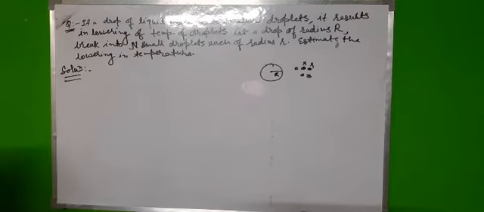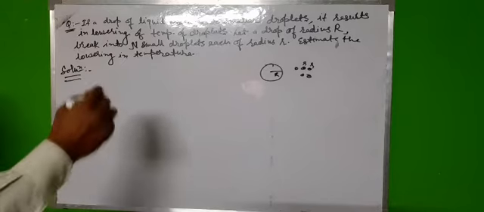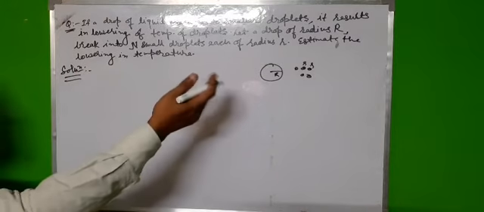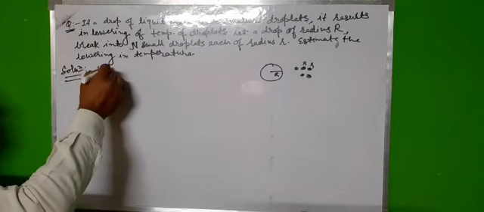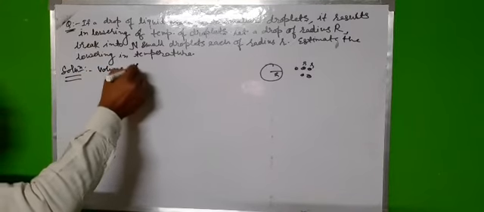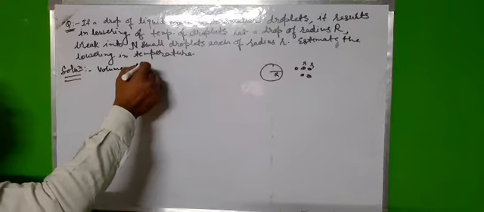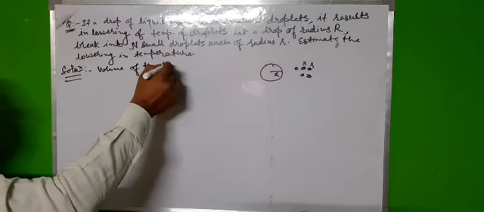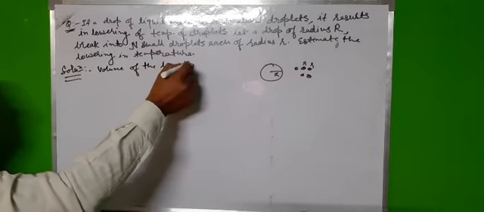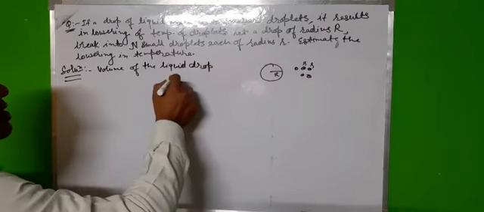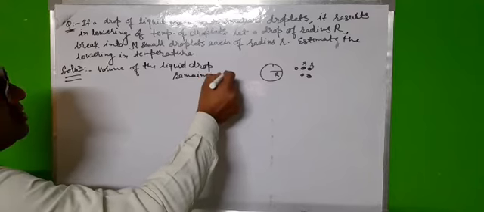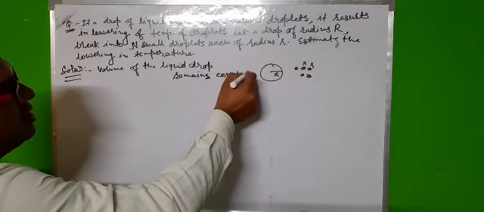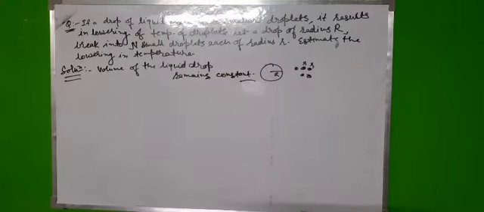So look here, in breaking into n smaller drops, the volume of the liquid drop remains constant.